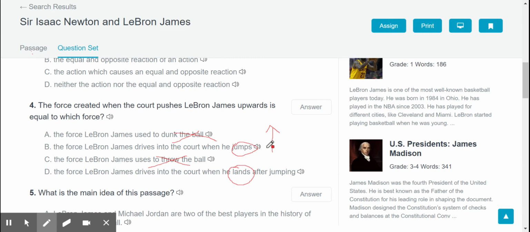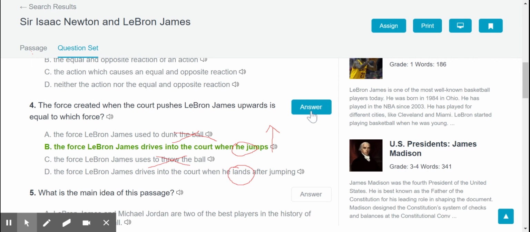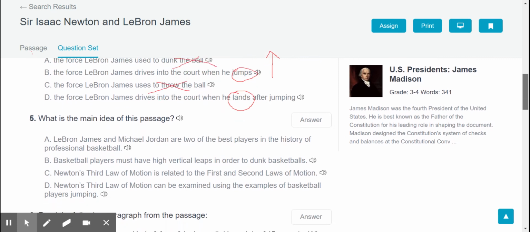So which one happens first is the question. The force created when the court pushes LeBron James upward is equal to which force? It's either B or D. There we go. If you were paying attention, you got it.